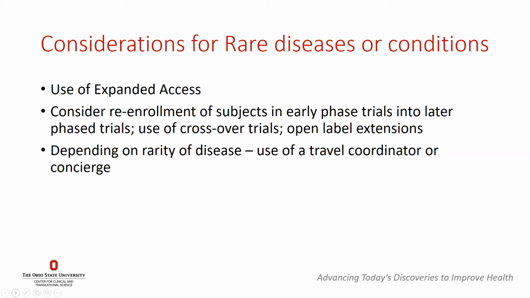I think that there are ways that our biostatisticians can compensate for that. Use of crossover trials or open label extensions are other ways that you can keep that larger population enrolled when the original is very small to begin with.